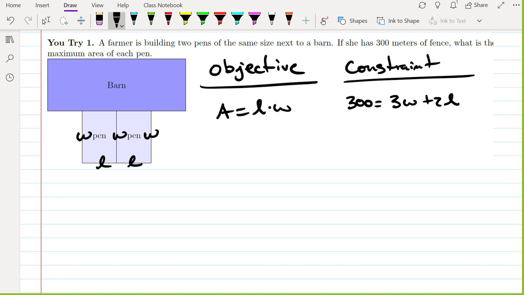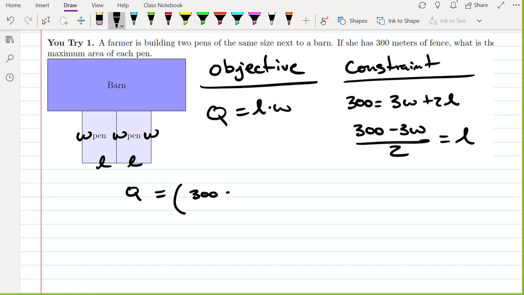So if we solve that equation for L, we get (300 minus 3W) over 2 is equal to L. So then our objective function is Q equals L times W, so (300 minus 3W) over 2 times W, which gives us 150W minus 3/2 W squared.